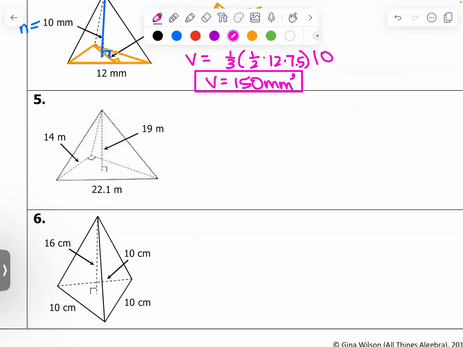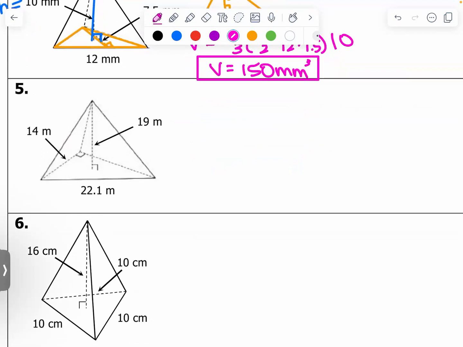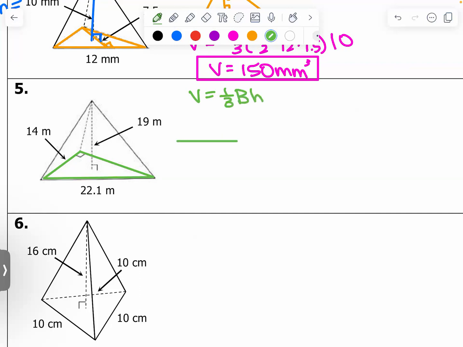All right, let's look at number 5. Ooh, number 5. Here is our base. So I'm gonna redraw the base.